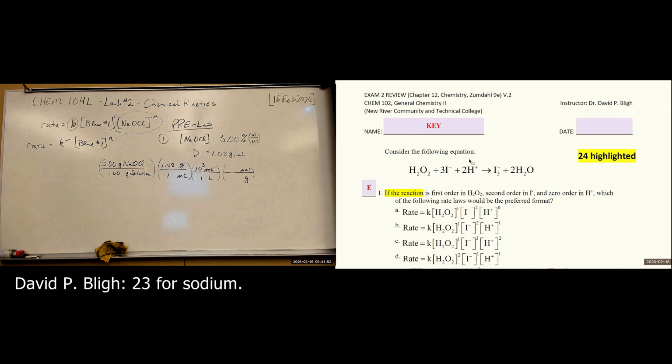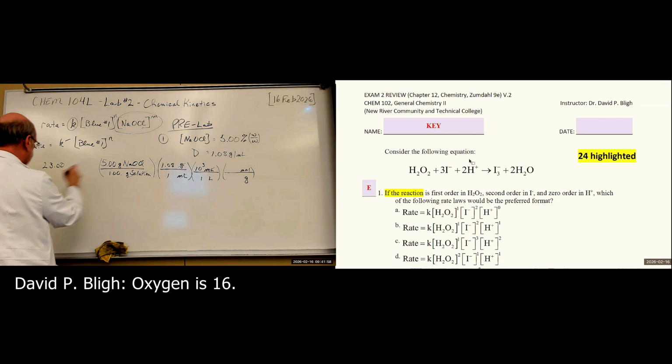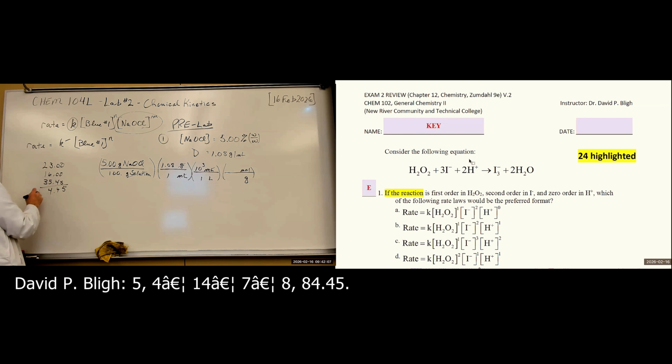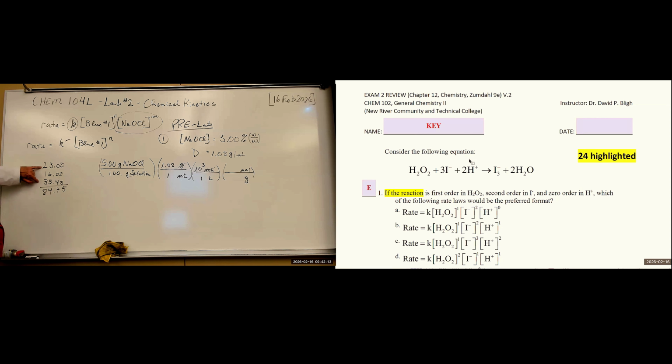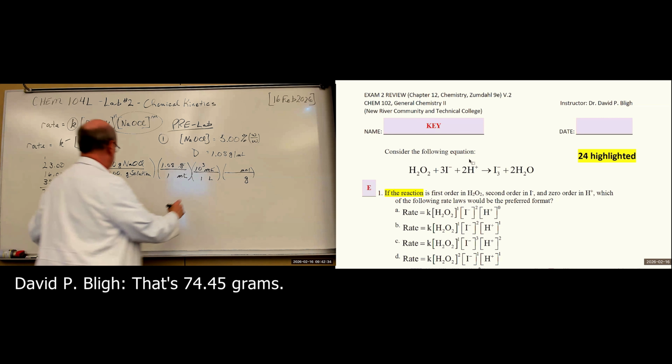So what's the molar mass of sodium hypochlorite? 23 for sodium, oxygen is 16, and chlorine is 35.45.